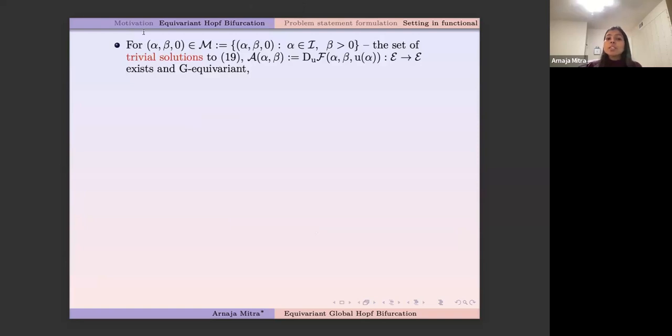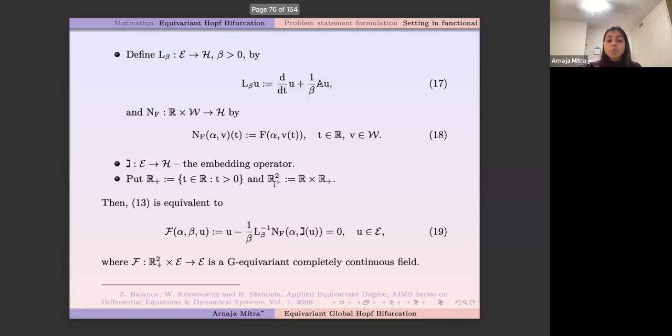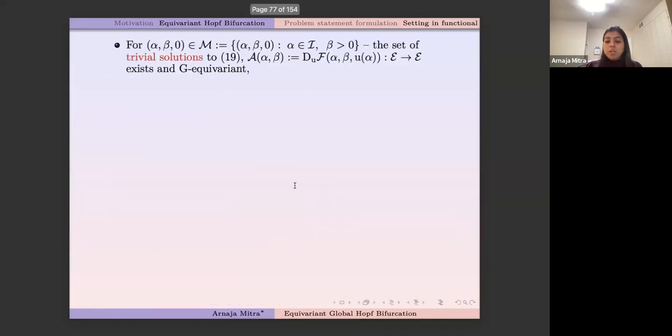Next, we denote by M the set of all trivial solutions of our system. And similarly, as we considered the linearization, now we consider the linearization of our operator. So now instead of our system, we have just an operator equation, defined by considering the Nemytskii operator on the linearization of your operator.